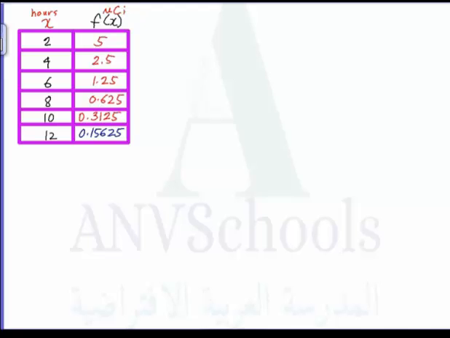So we begin by setting the general form of the exponential functions. So the general equation for the exponential functions is f of x is equal to ab^x, or y is equal to ab^x.